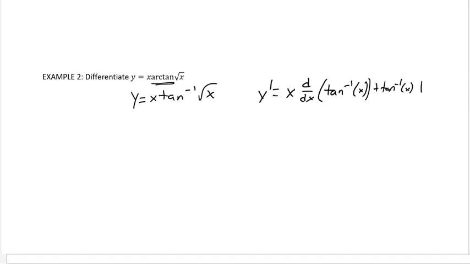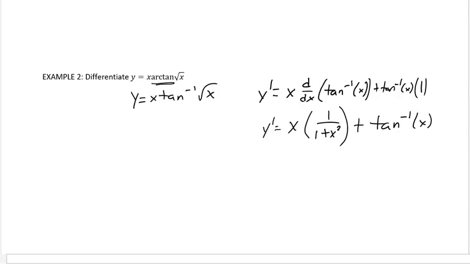And so this is x. The derivative of the inverse tangent we learned is 1 over 1 plus x squared. And this one just stays inverse tangent of x. And that is our derivative using the product rule.